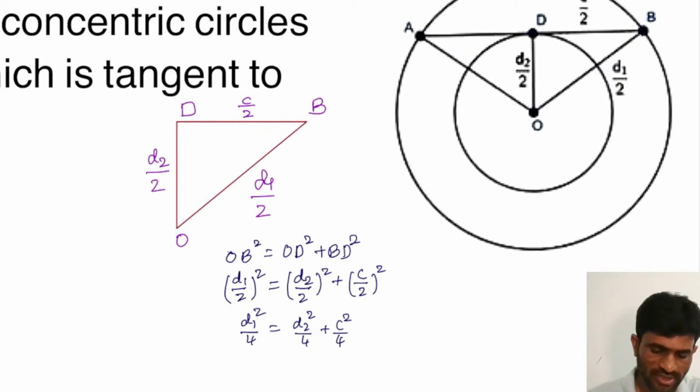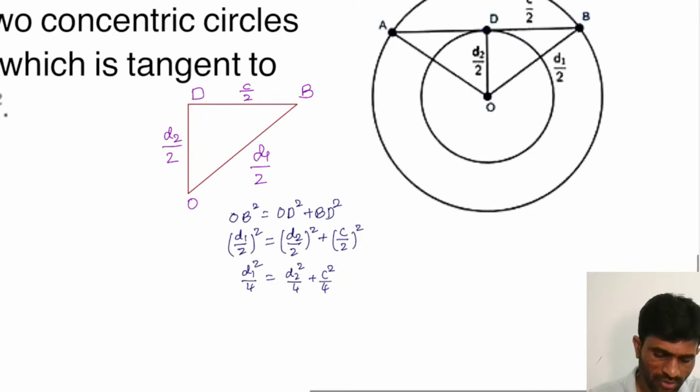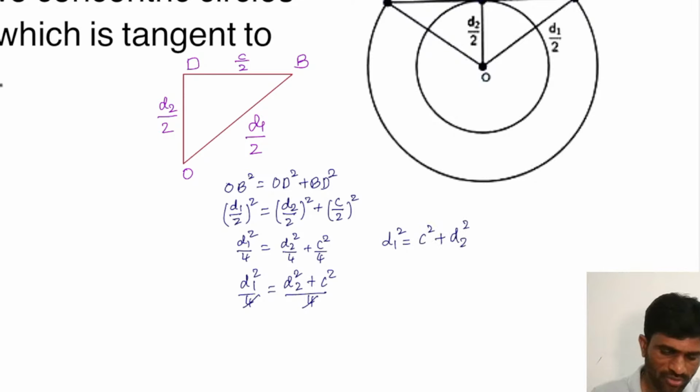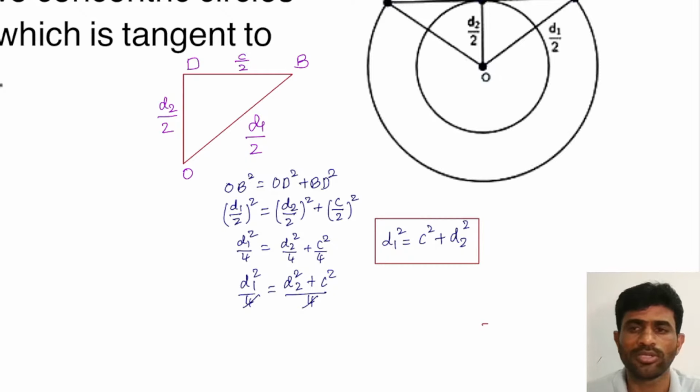Finally we get D1 square by 4 is equal to D2 square plus C square whole divided by 4. Both the sides 4 and 4 we can cancel. So the final result is D1 square is equal to C square plus D2 square. This is what we have to prove. Hope you understood how to do this.